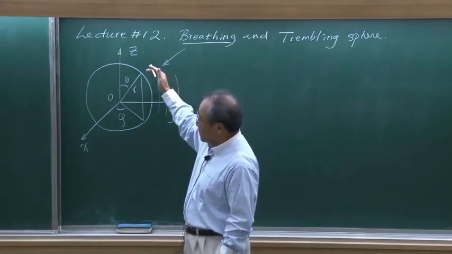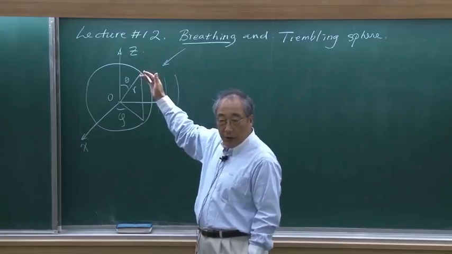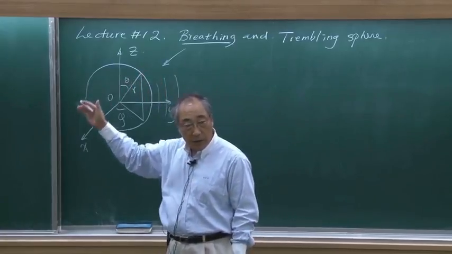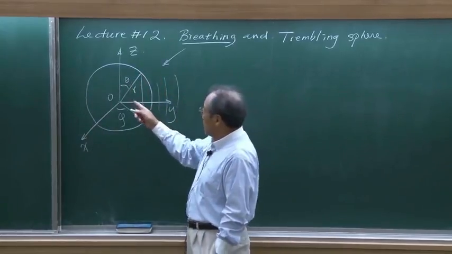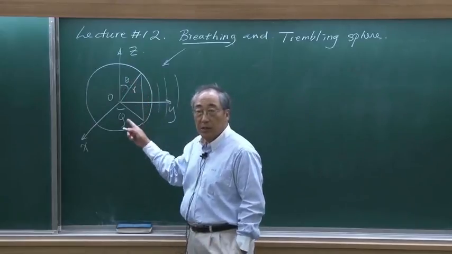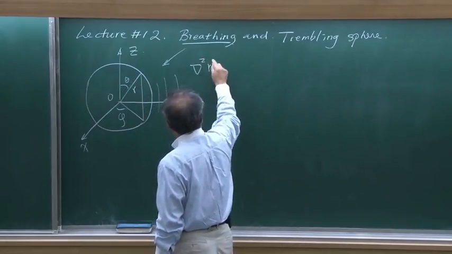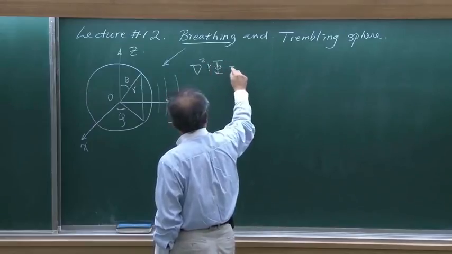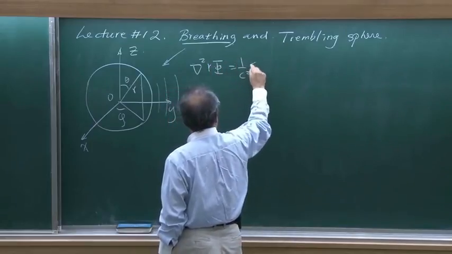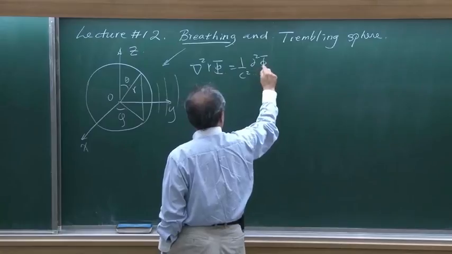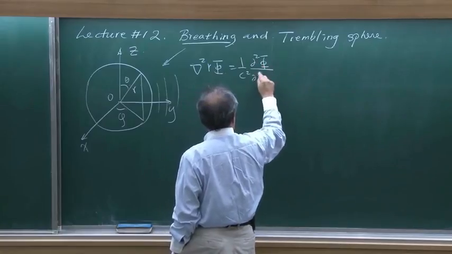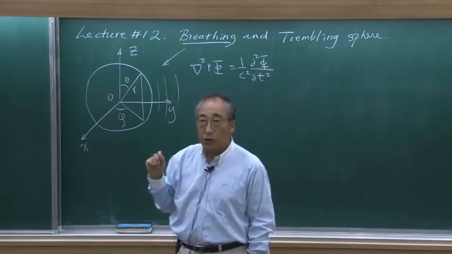And since the breathing sphere is symmetric, meaning it does not have a dependency on theta and phi, the governing equation would simply follow this homogeneous equation.